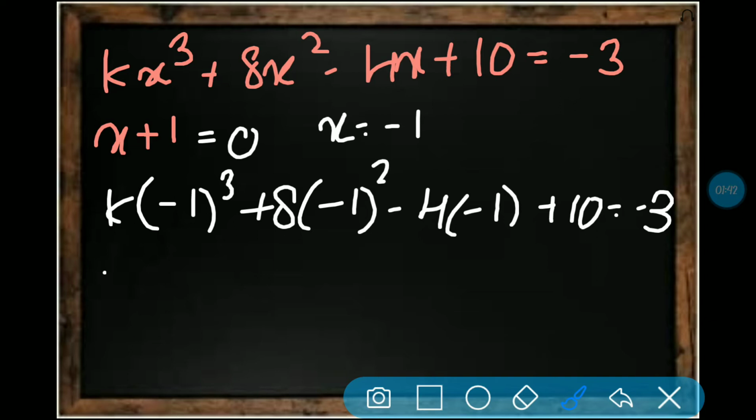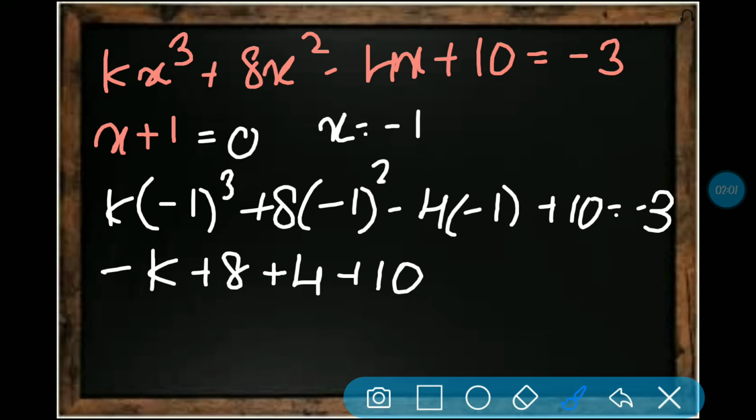So we will write it as minus k. Then minus 1 square is plus 1, so plus 8. Then 4 into minus 1 is minus 4. So minus into minus of 4 is plus 4. So plus 4 and again plus 10, as it is equal to minus 3.